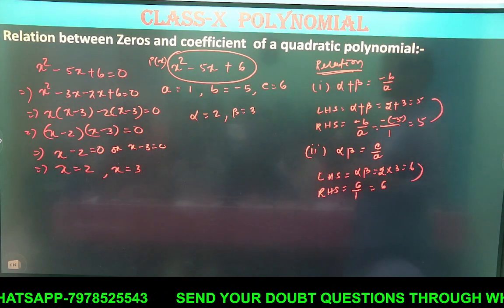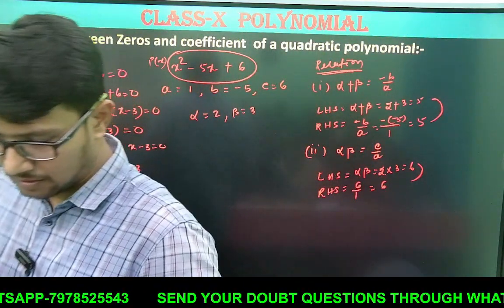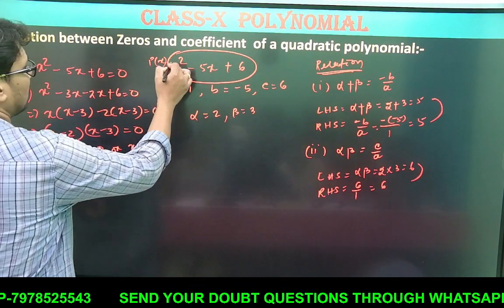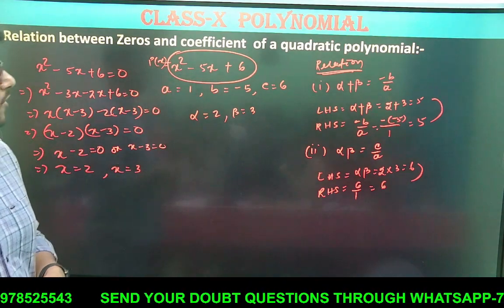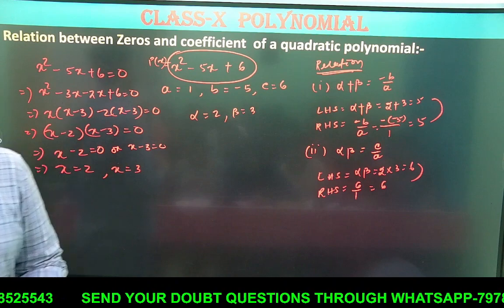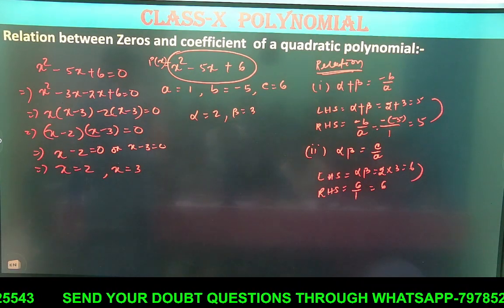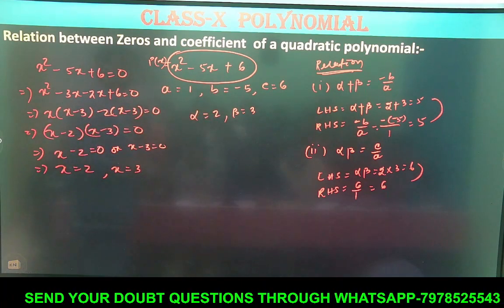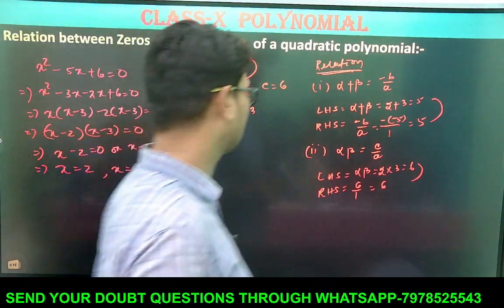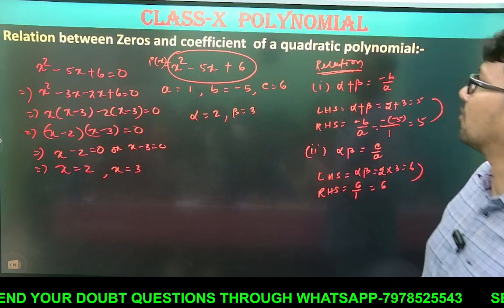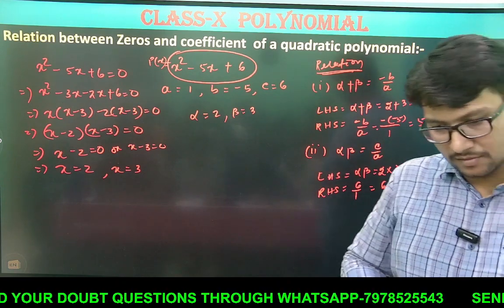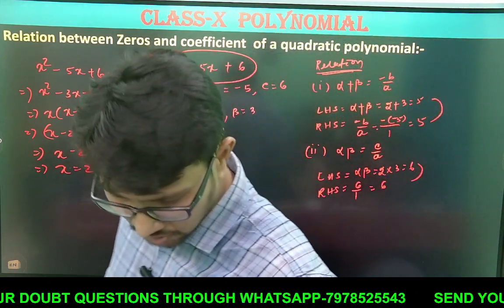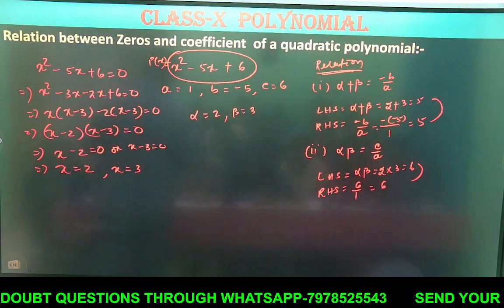Find the zeros of p of x equals x square minus 5x plus 6, and verify the relation between its zeros and coefficient.